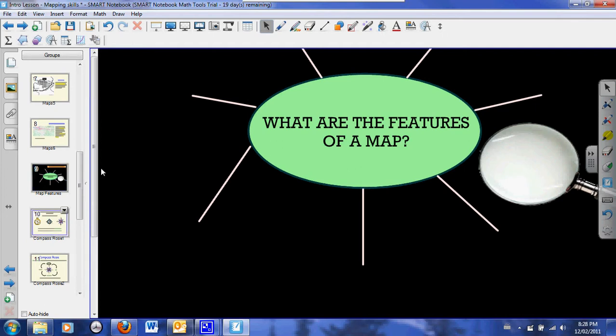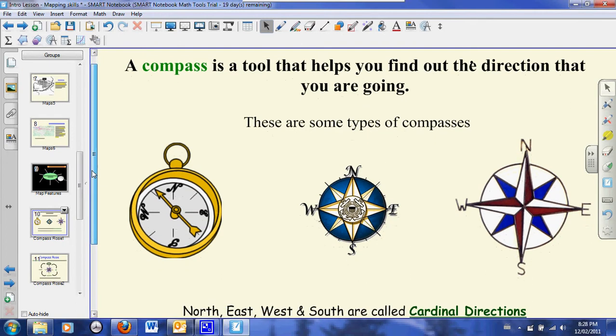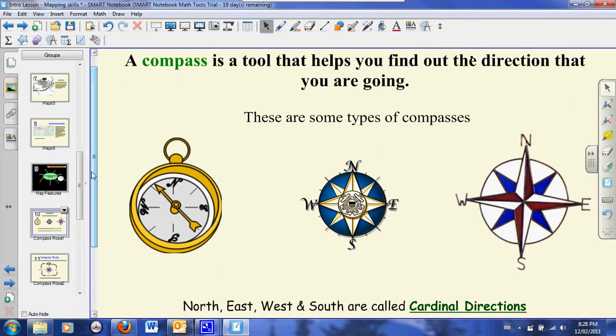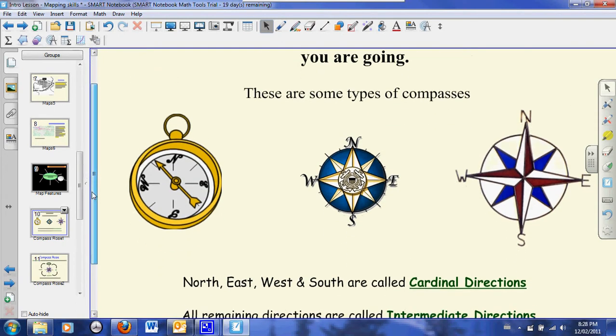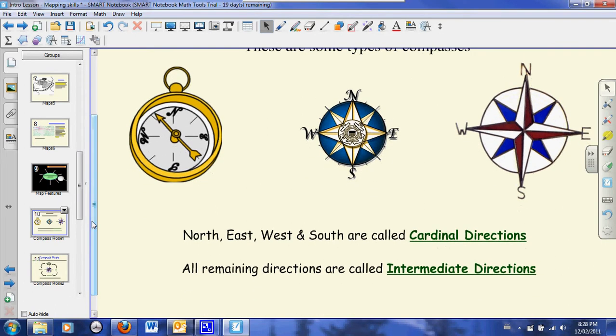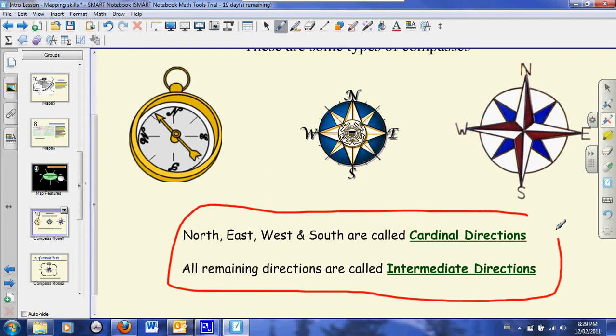Okay, let's start off with a compass. Here's some examples. Now there is a compass worksheet on your desk. We're going to fill that in. But before we do that, I want you to copy down these couple sentences.